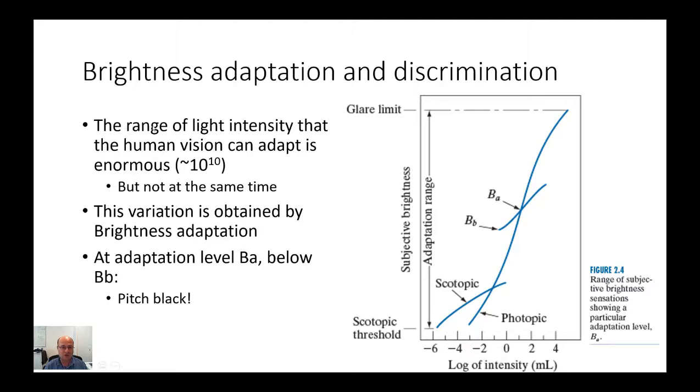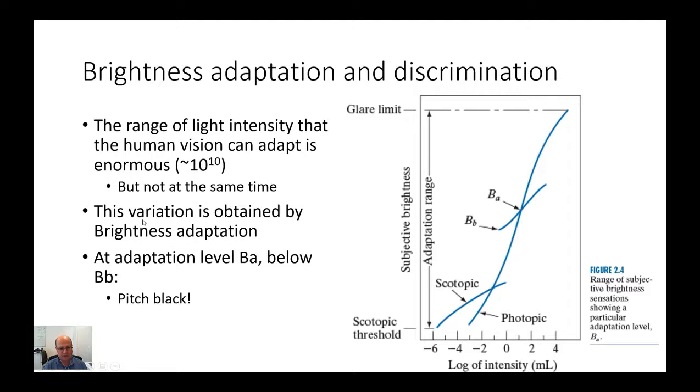We see a wide range of light intensity, basically 10 to the power of 10, but we don't see everything at the same time. If we are under bright sunlight and we go inside a cinema, I think everybody has had this sensation: once you get inside, you don't see anything. It's just pitch black. But if you stay a little while in the cinema, your eye adapts.